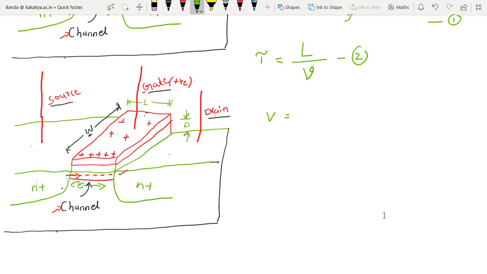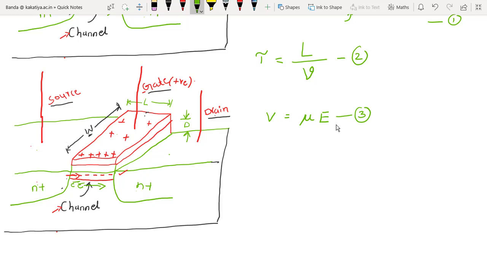Sorry, it is not voltage. V is nothing but the velocity of the electron. The velocity of an electron is the mobility of the electrons times the applied electric field. If you want to find the velocity of anything, you need the mobility of that thing and how much field it experiences.